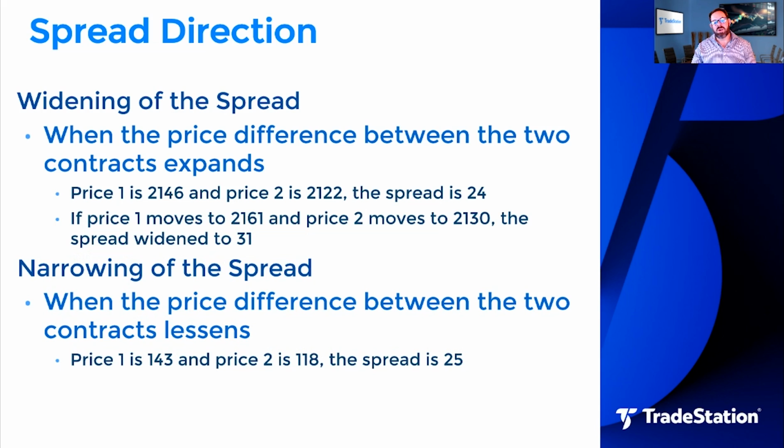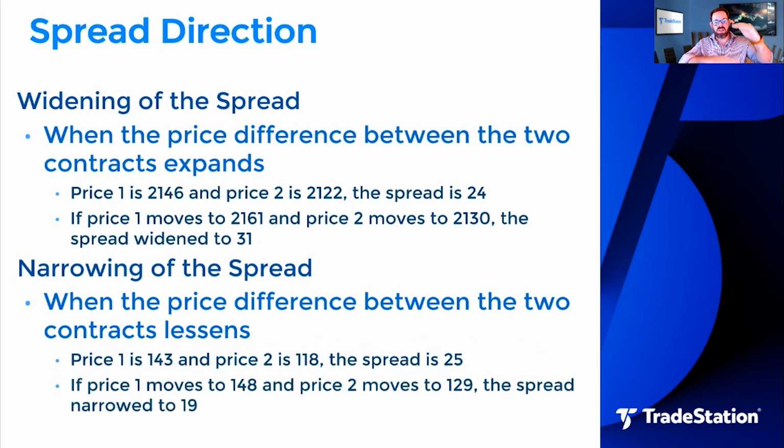A narrowing of the spread would be if one contract moved faster than the other and the difference got narrower. So again, let's imagine that price number one is 143, price number two is 118. That spread right now is 25 points between the two in price. But if price number one moved up to 148, however, price number two moved up to 129, that spread is now only 19.